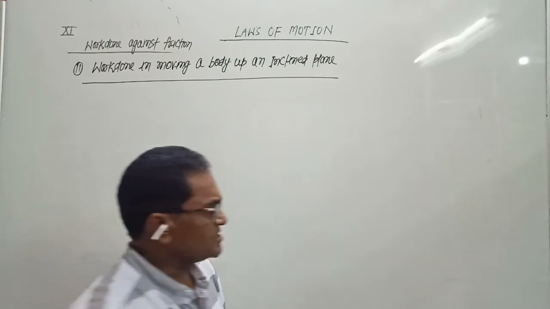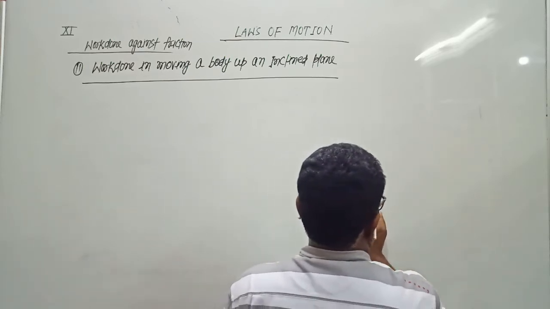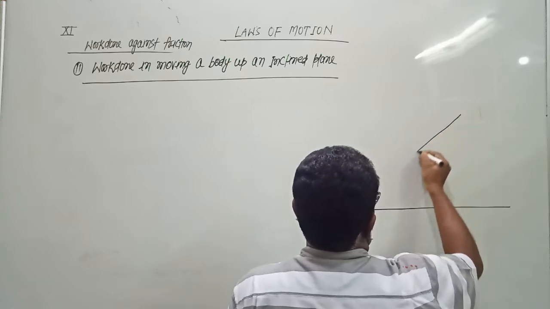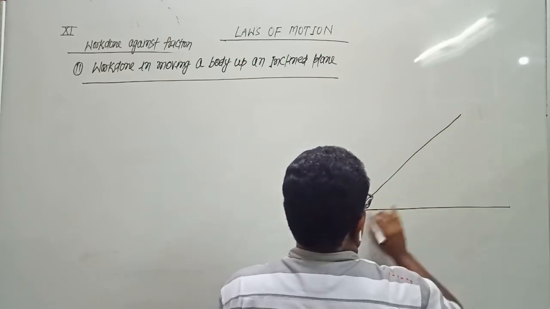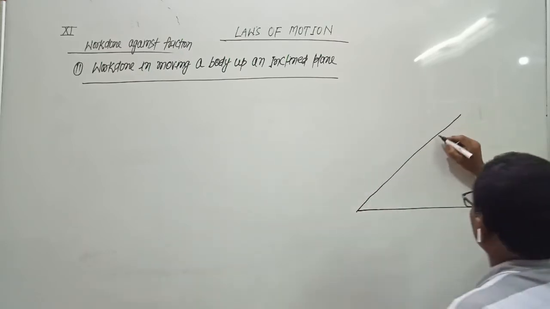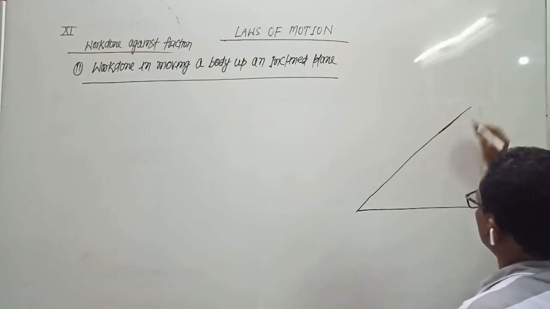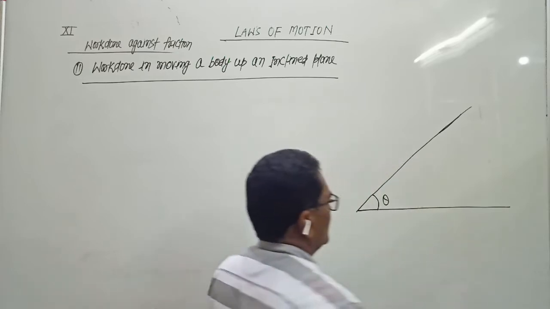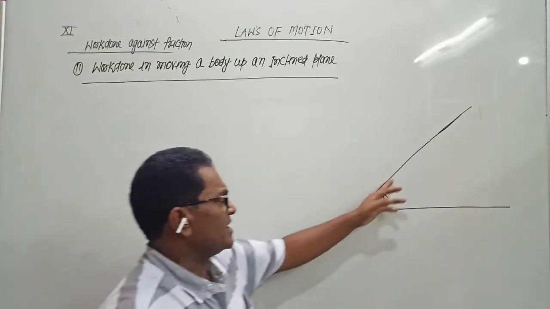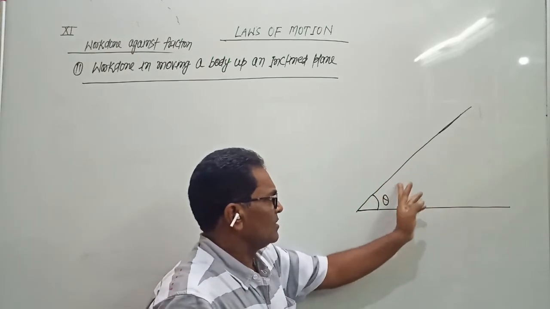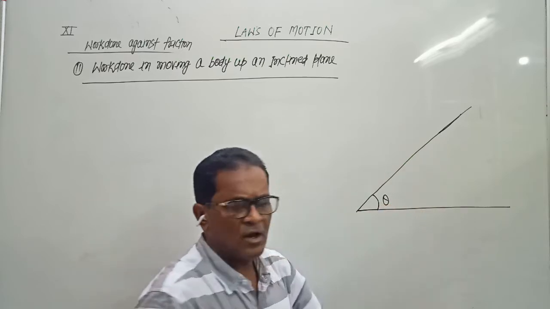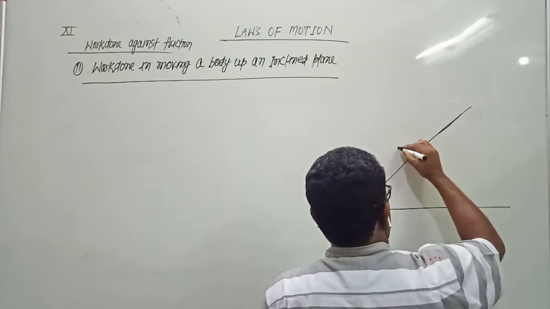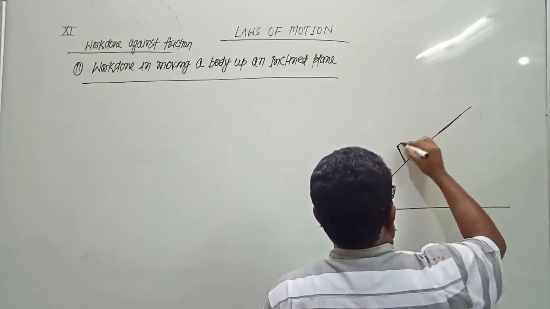So suppose there is an inclined plane. The plane is inclined at an angle of theta with the horizontal, and there is a body of mass m.